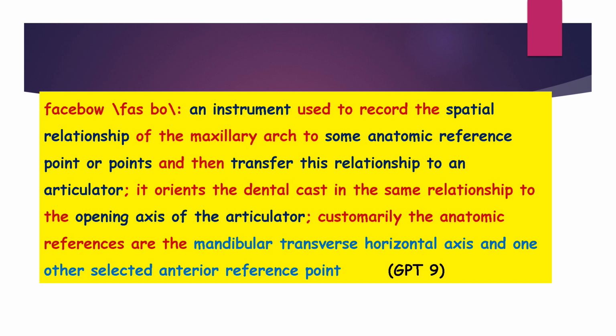If anybody asks you to define face bow, then you have to tell as in the Glossary of Prosthodontic Terms 9th edition. Face bow is defined as an instrument used to record the spatial relationship of maxillary arch to some anatomic reference point or points and then transfer this relationship to an articulator.